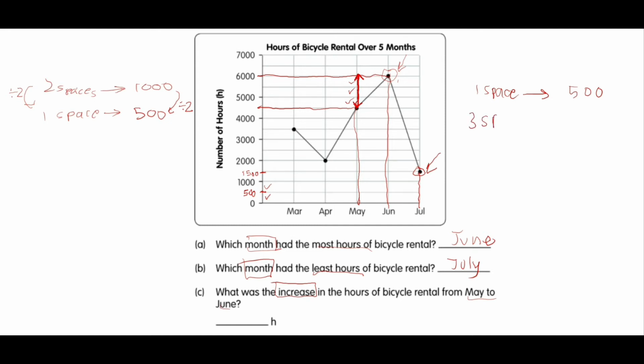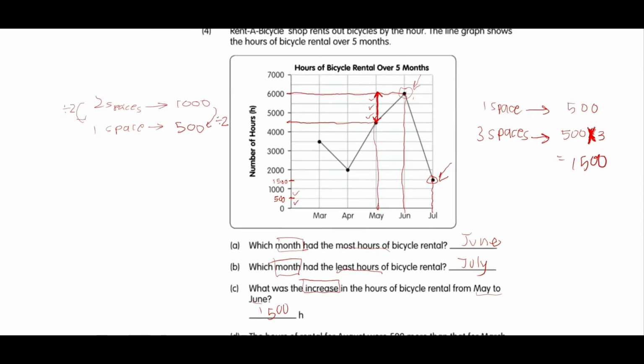So what is the value of 3 spaces? 500 times 3 will be 1,500. So there is an increase of 1,500 hours.